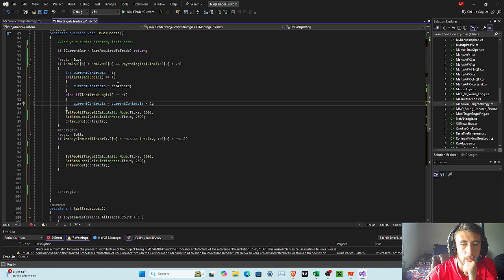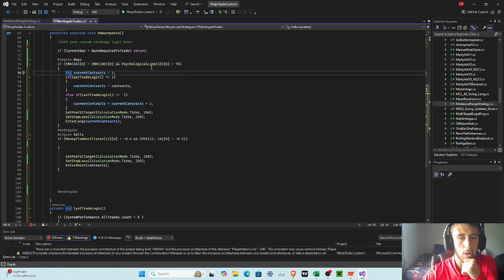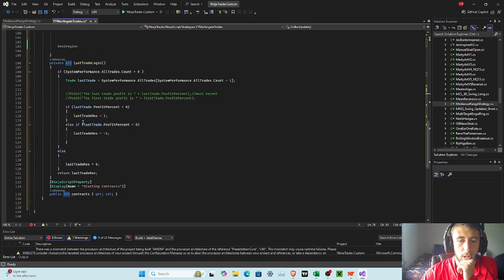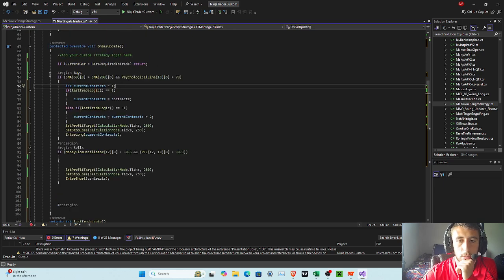So, right, let's think about this. And then here we're going to do current contracts, right? So first time we get a position or signal, current contracts equals 1. Our last trade logic is going to be 0 because we don't have any trades yet, so neither of these will execute. So we enter with 1 current contract. But say we win that and we get another signal.